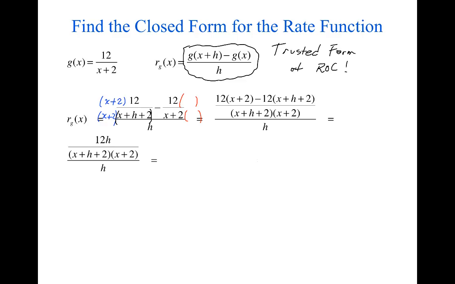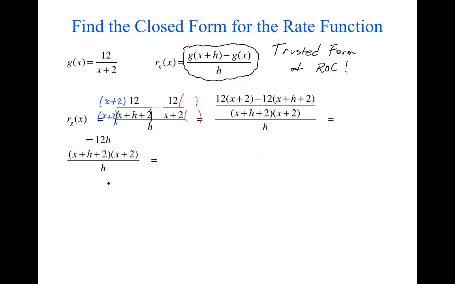I knew there was a mistake on this screen. Okay, is that better? There may be another mistake on the screen too. I remember from past semesters. All right, I think we're good now. We got negative 12h. Okay, now what?